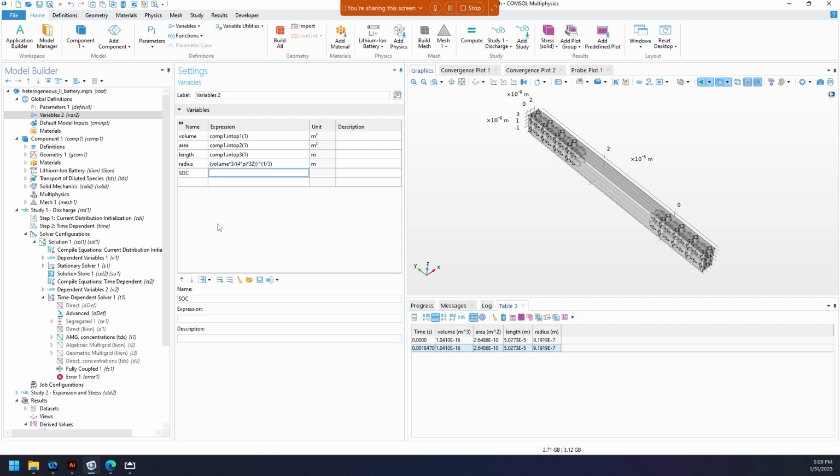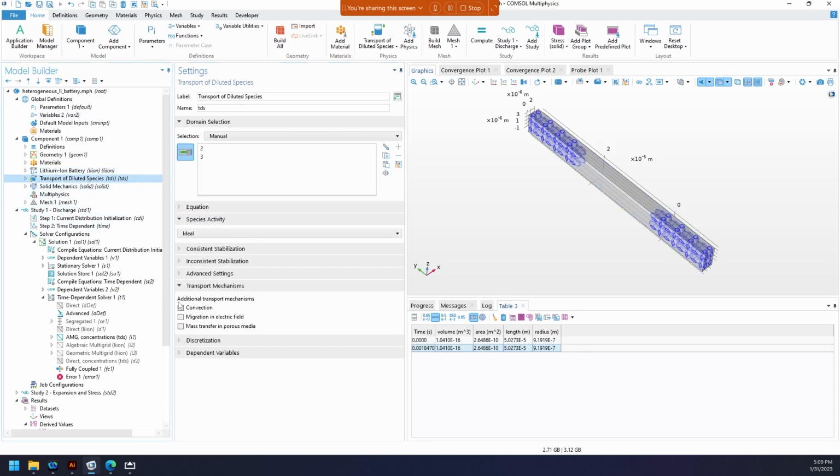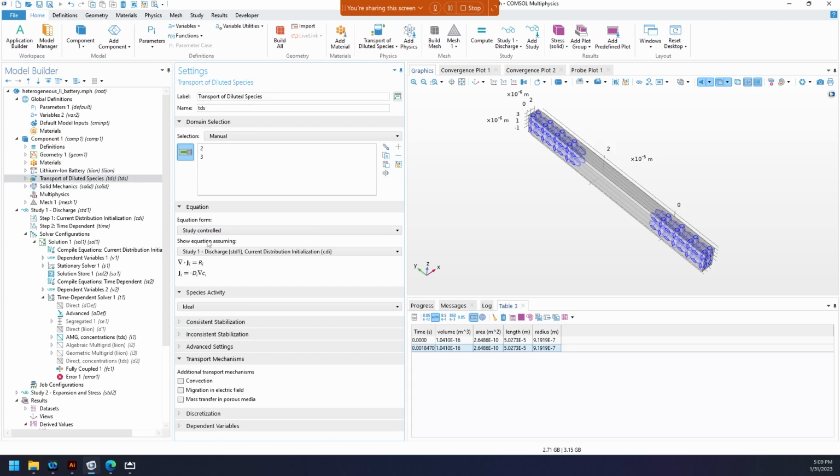Okay, for the SOC of the whole negative electrode particles, we can say in top 1, so this is going to be component 1 dot C. If the variable is C, I think there is no variable C, then we can go and check what the variable is. It should be here.